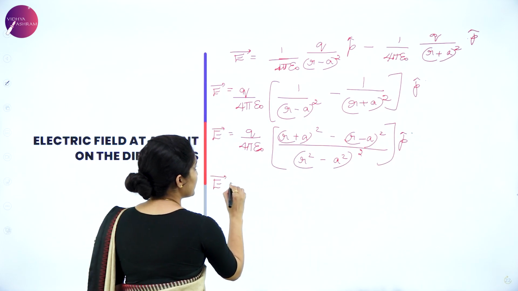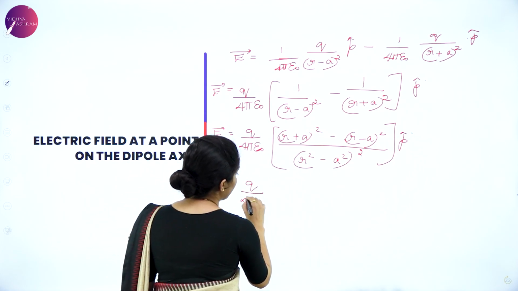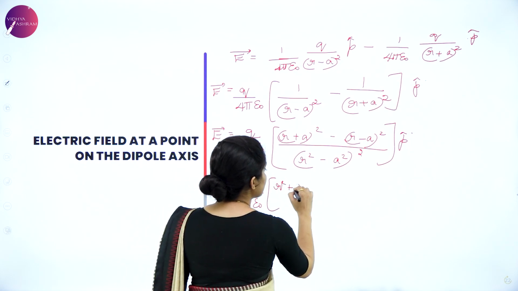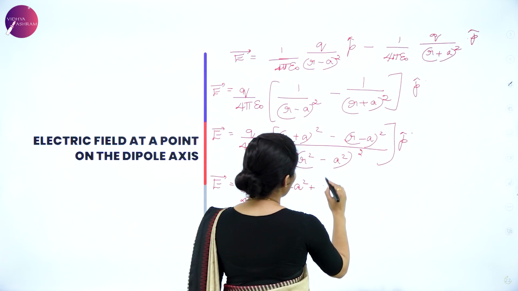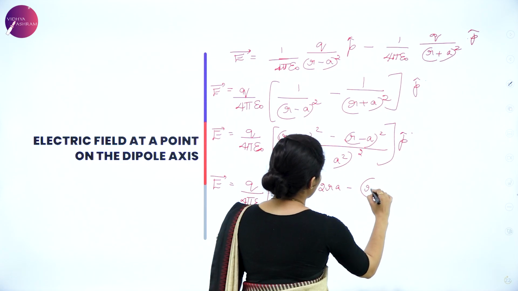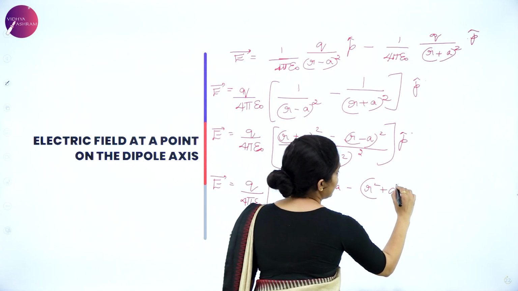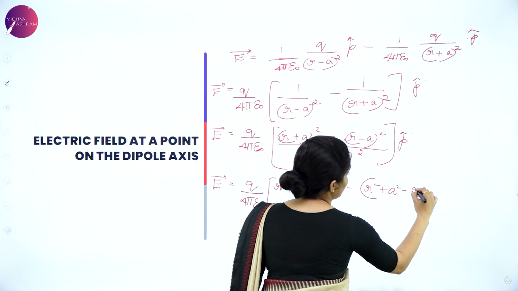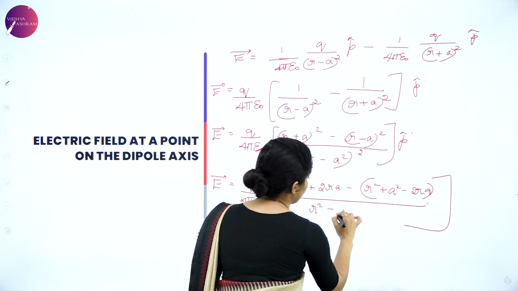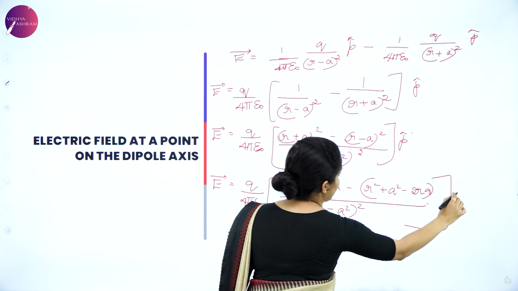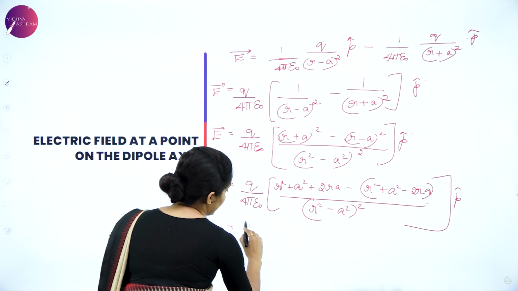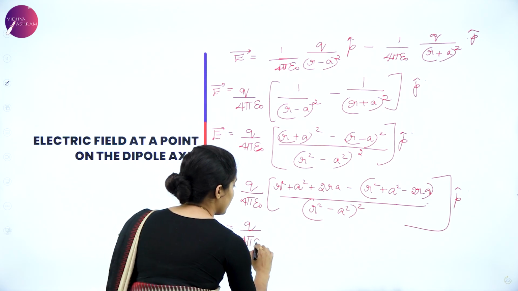Vector E is equal to Q by 4 pi epsilon naught. Solve this: A square plus B square plus 2AB. So 2RA minus of (A square plus B square minus 2AB) divided by (R square minus A square) whole square, and P cap, which is equal to Q by 4 pi epsilon naught.